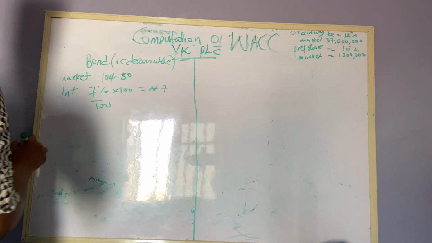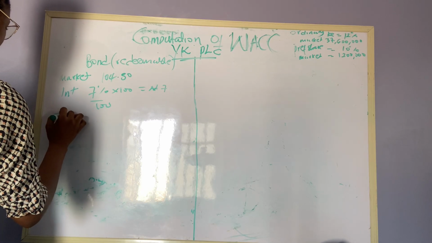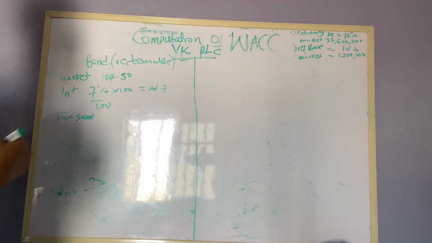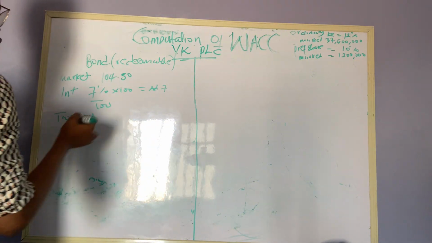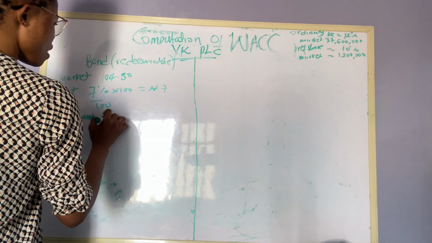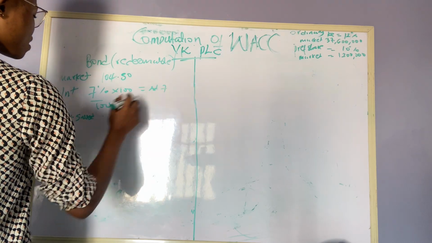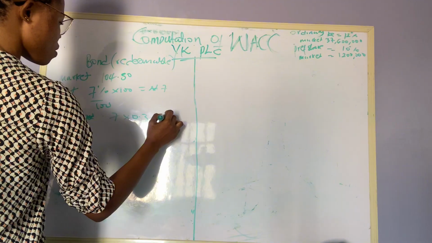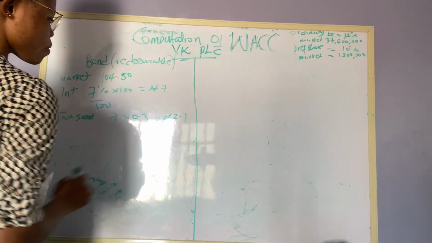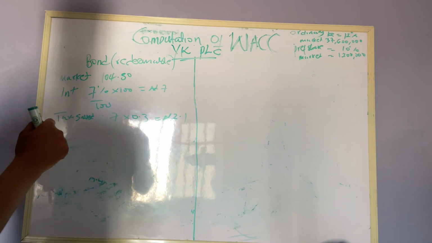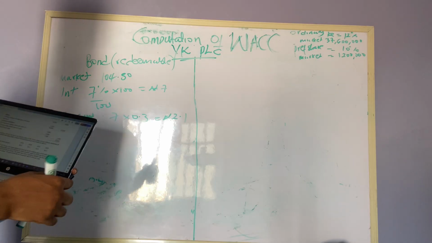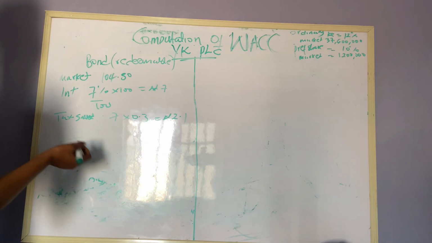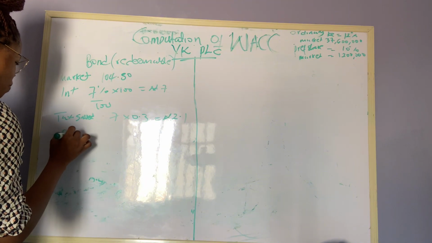So another one is tax saved, or tax relief. The company paid tax at the rate of 30%. So now I'm going to say, okay, 7, this interest, times 0.3, that's 30%, equals, we've solved it too, that's why I'm rushing, 2.1. You understand? So another thing also is premium.